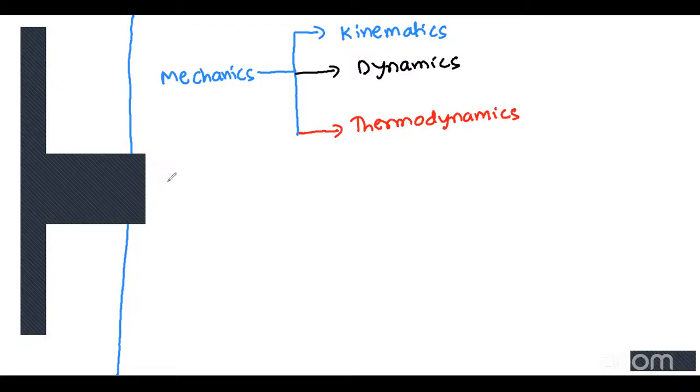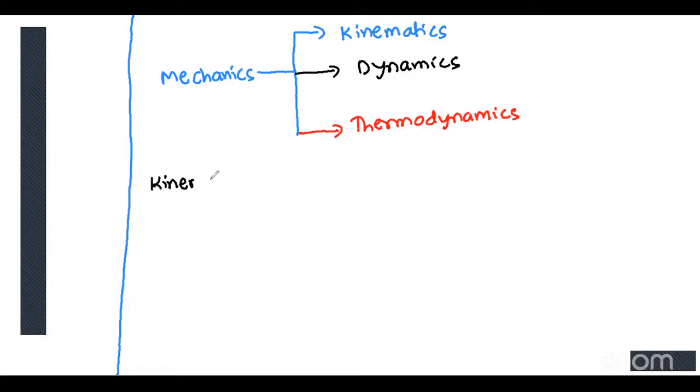Kinematics is a branch of physics which deals with the properties of a particle, considering that the particle is in motion, either in the presence of external or internal forces. By somehow the particle is in motion.